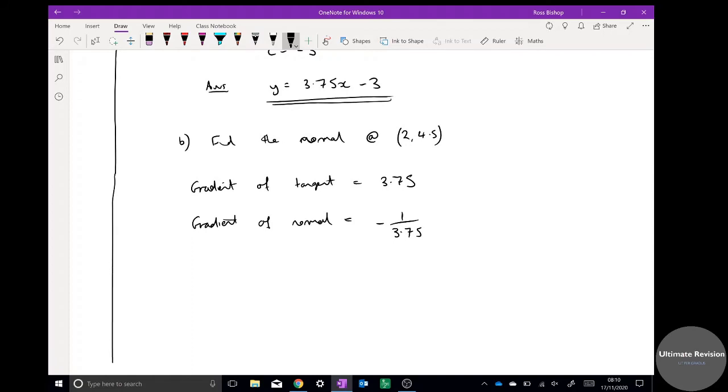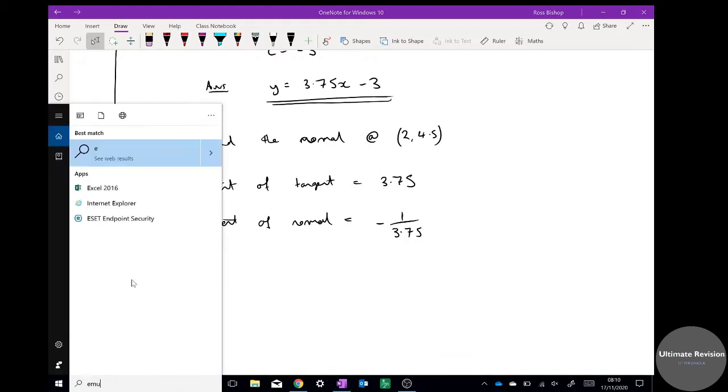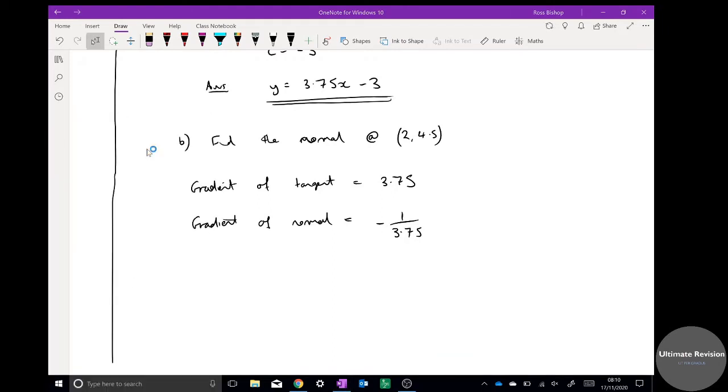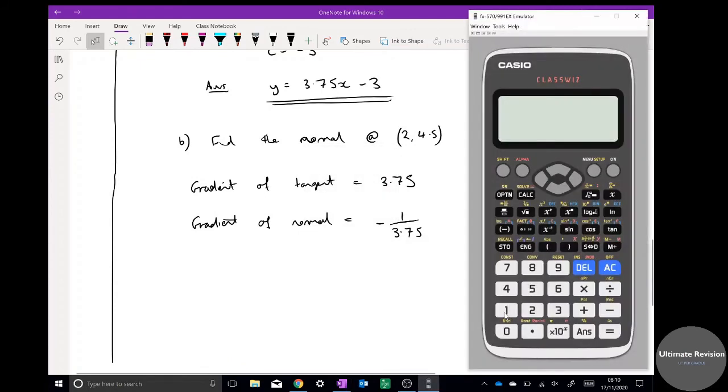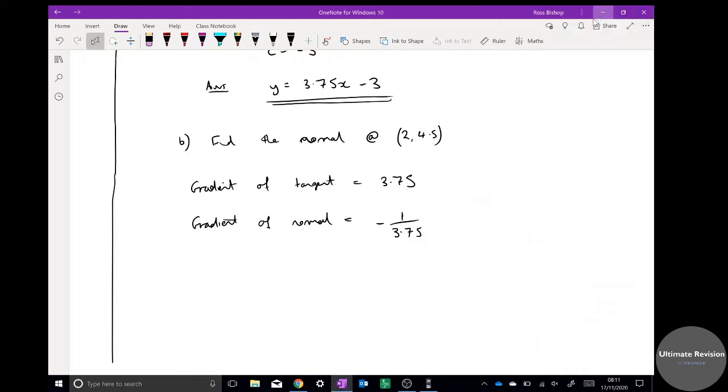So I might just tidy that up a little bit if I get my calculator out. So 1 divided by 3.75 is 4/15. So I'm going to leave it as a fraction, negative 4/15.